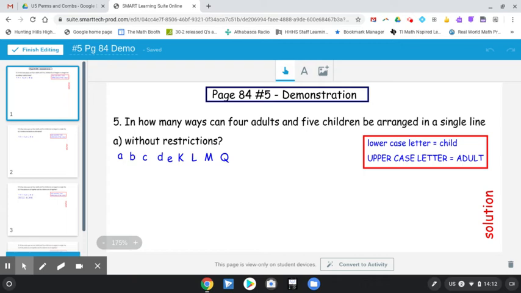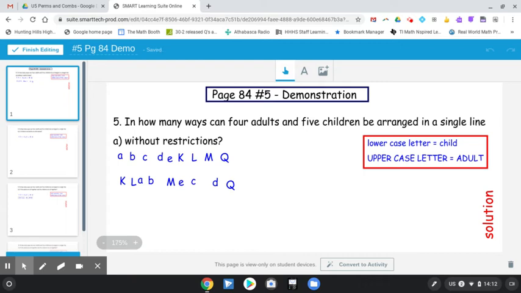With no restrictions at all, the A could go anywhere, the K could go anywhere, this B could go anywhere, the C could go any place we want, so can the D. We could pull in the L wherever we want to, and the M, and the Q. And I'm missing somebody, E. So there's one possible arrangement, but there are no restrictions whatsoever.